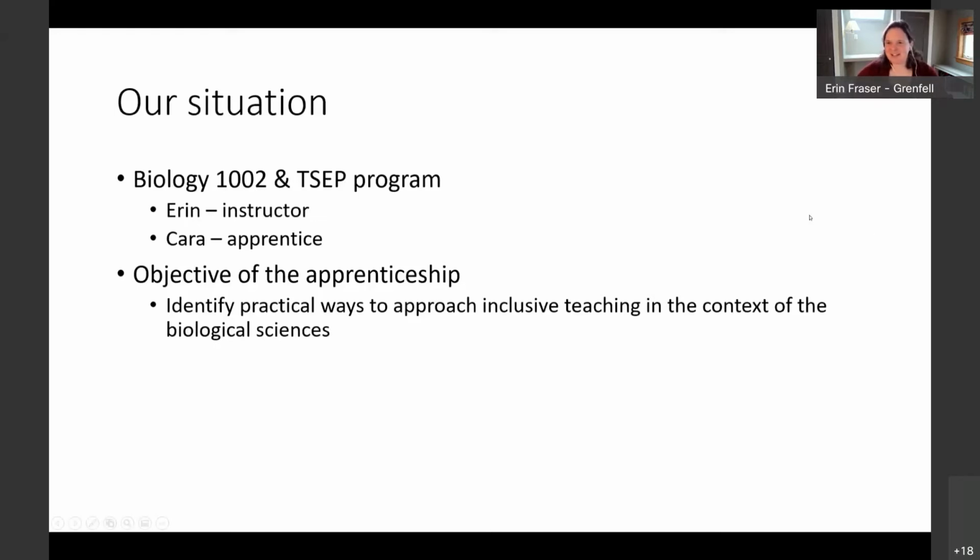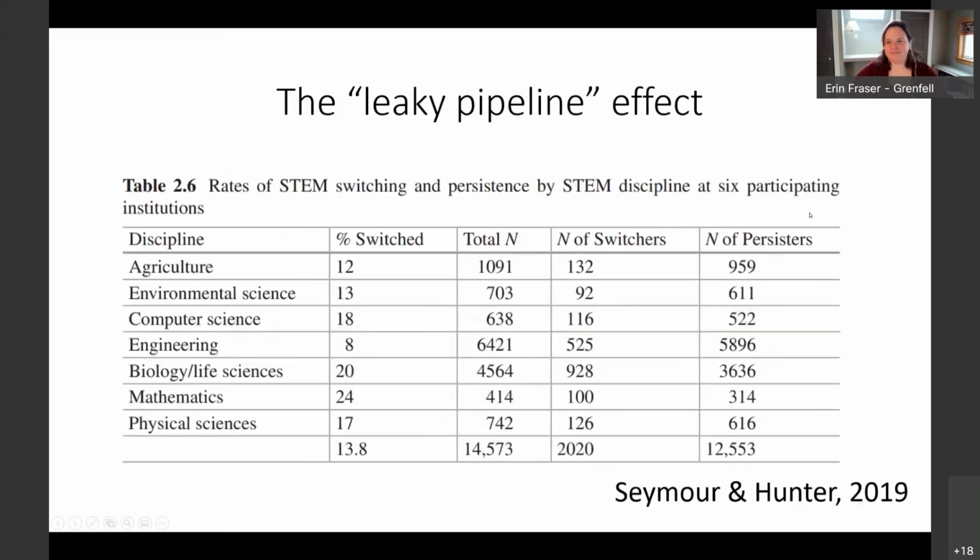Okay, so do you want to take it away, Kara? Definitely. I'm just going to briefly go over some background about the leaky pipeline effect, which is this idea that we're seeing disproportionate loss of students who identify as minorities in STEM fields throughout their entire career, beginning in grade school.